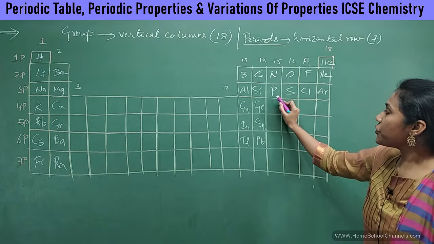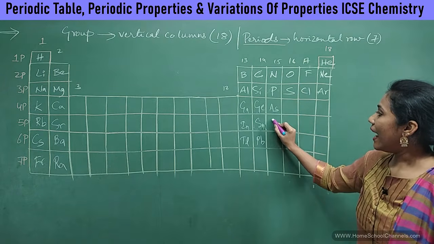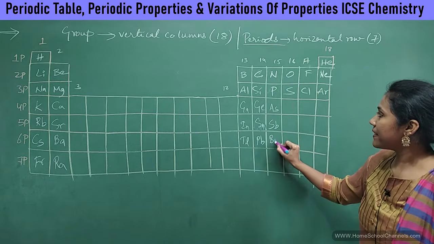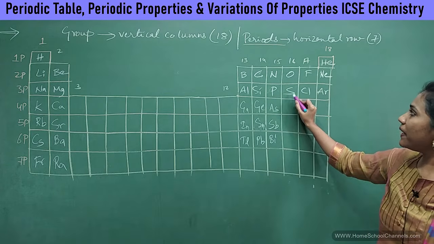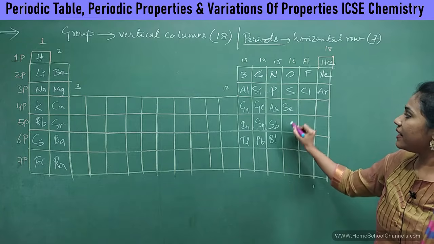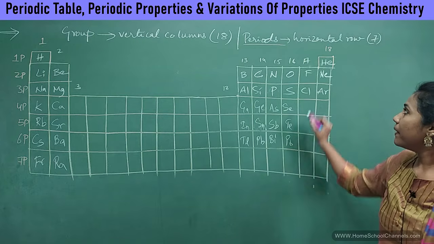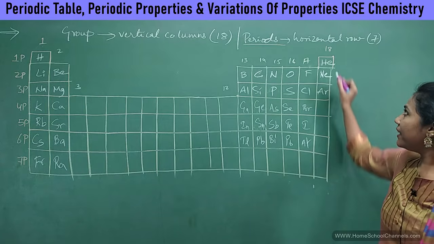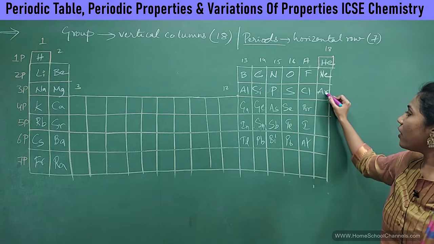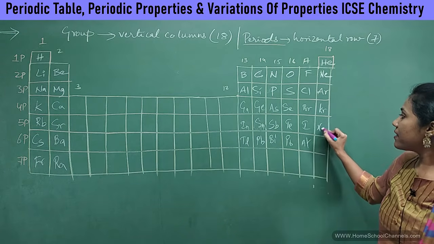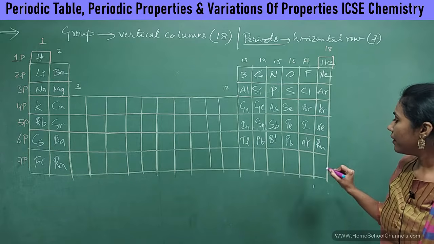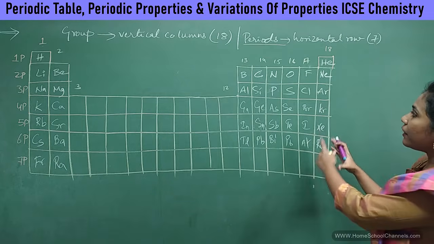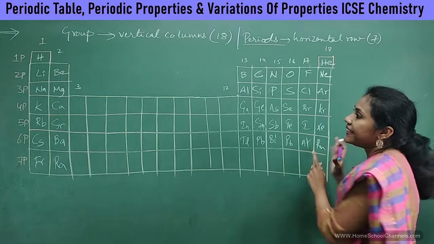Clear? Nitrogen, phosphorus, arsenic, antimony, and bismuth. Coming to the 16th group elements: oxygen, sulfur, selenium, tellurium, polonium; then chlorine, bromine, iodine, astatine. And coming to noble gases: helium, neon, argon, krypton, xenon, radon. Clear? So these are your 13th to 18th group elements.